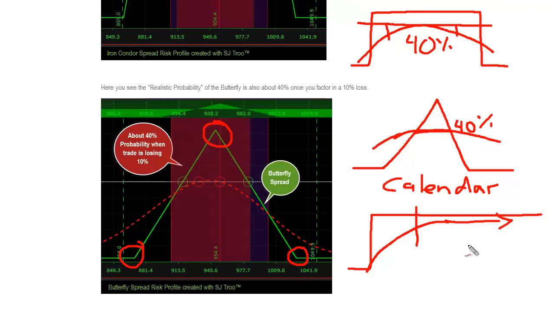So again, once you factor in some of those numbers, it's hard to say if the credit spread is really higher probability or not, but you could argue that this one's more like 50% once you factor in just because this side, but to the left side, again, it's going to actually be worse because these ones start off with a flatter delta, so they have more room to the left. This one actually has less wiggle room to the left and then more to the right, so I don't know.